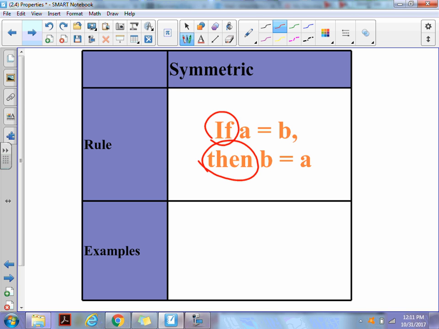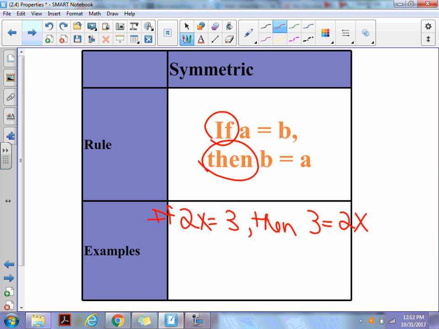Okay. See, the order didn't change. The side did. A was on the left, B was on the right. Then B is on the left, A is on the right. The side of the equal sign changes. So an example would be if 2x is equal to 3, then 3 is equal to 2x.